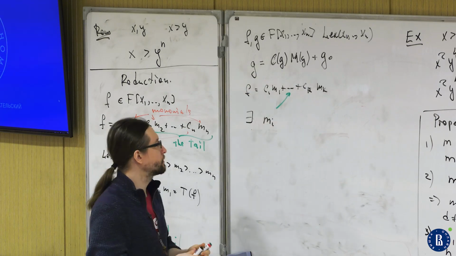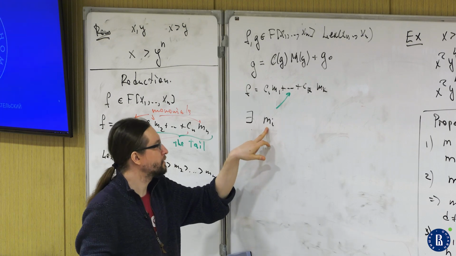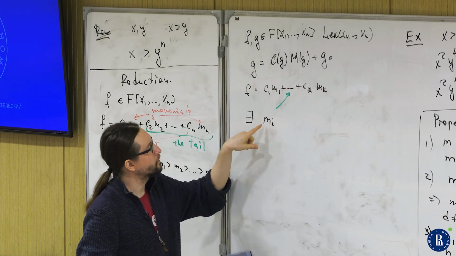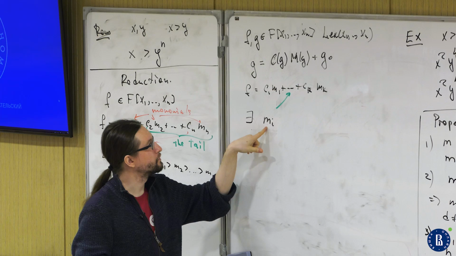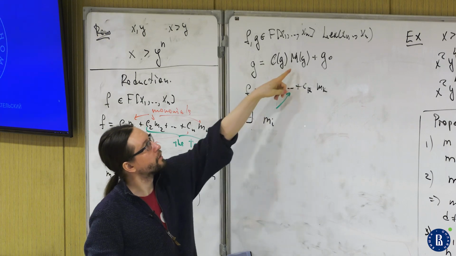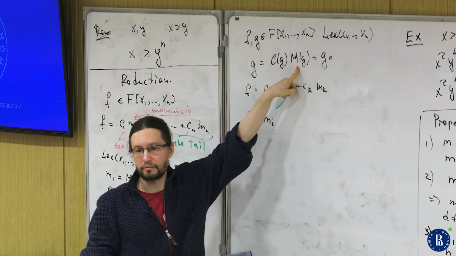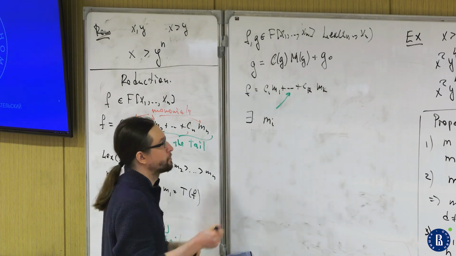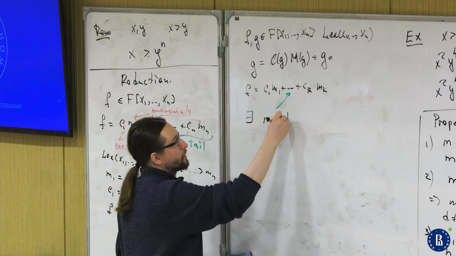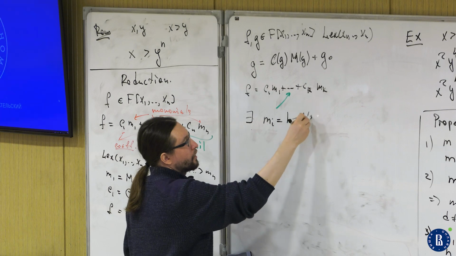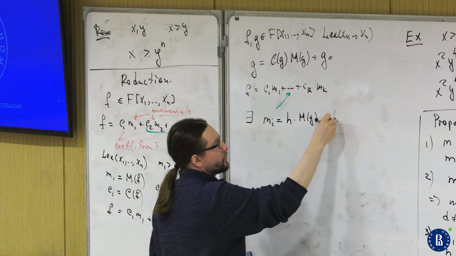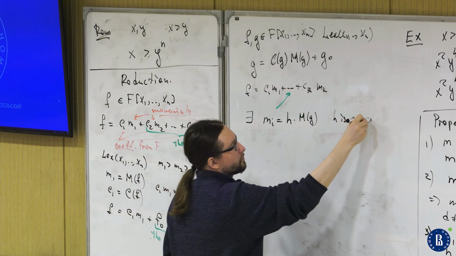So basically, for each variable, its degree is not smaller than the degree of the corresponding variable here. So suppose this thing can be presented as h times mg, where h is a monomial.